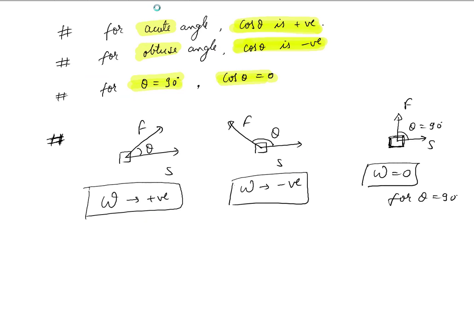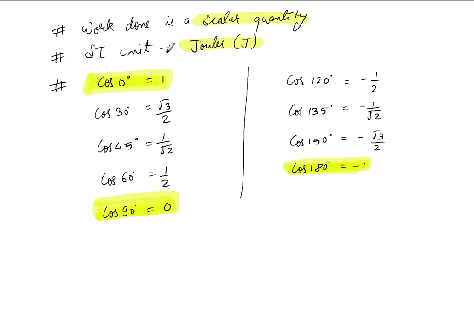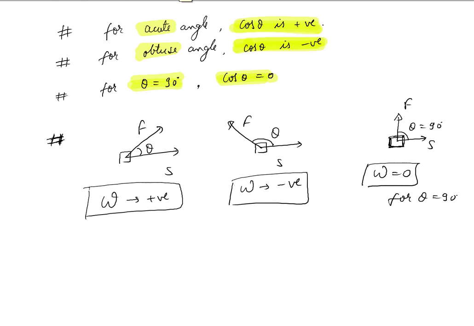For acute angles, values of cos theta are always positive. For obtuse angles, values of cos theta are always negative, and for theta equal to 90 degrees, cos theta is 0. And work done is equal to F S cos theta.